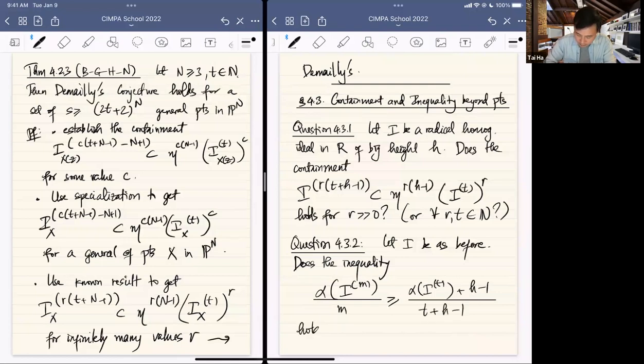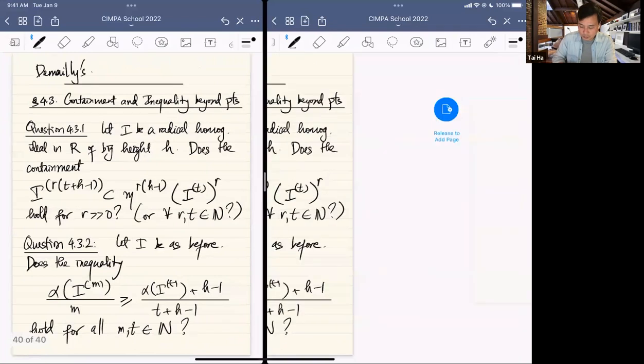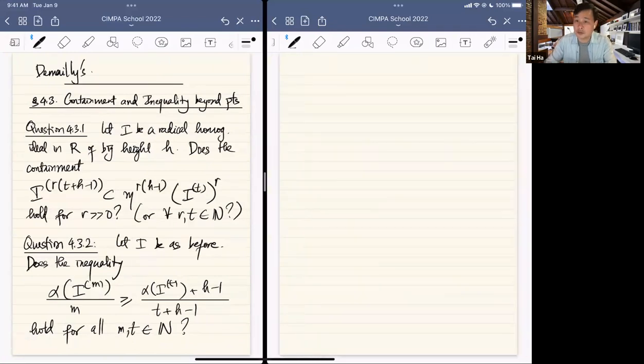Does this hold for all m and t? Those are the two questions for any class of radical ideals that you feel comfortable working with.